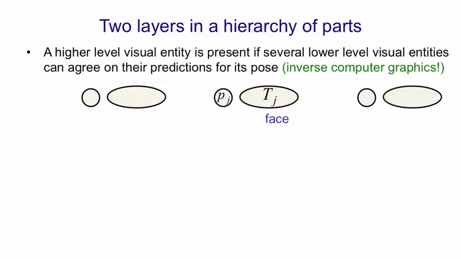Let's suppose we're looking for a face, and so in the middle here, the ellipse with TJ in it is a collection of neurons that are going to be used for recognizing the pose of the face. And the PJ next to it is a single logistic neuron that's going to be used for representing whether or not we think there's a face there.